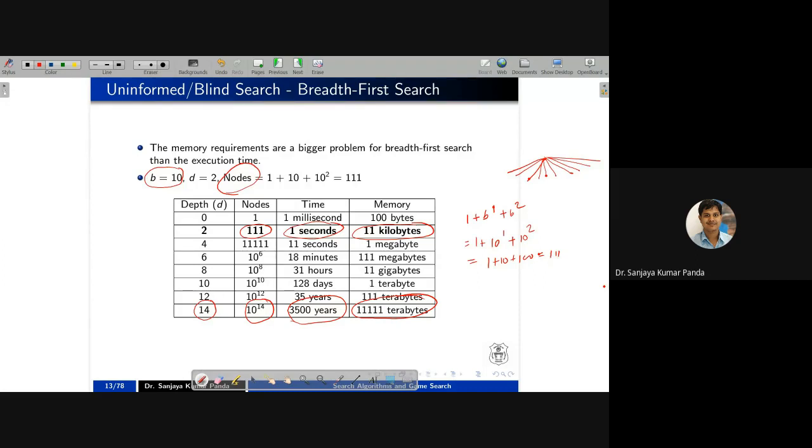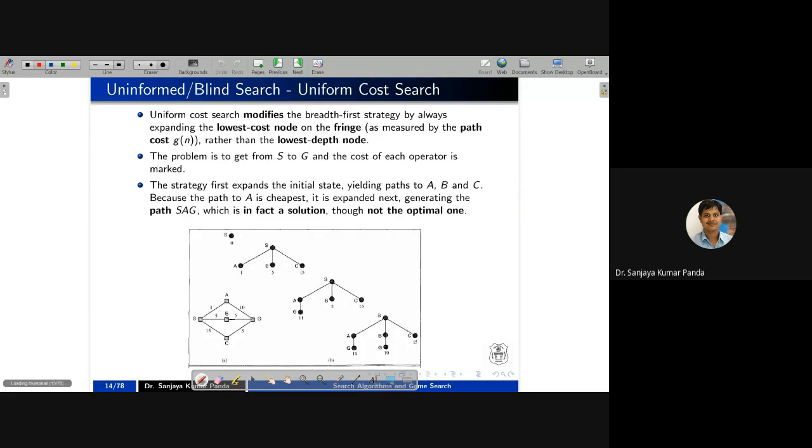Right? So in order to avoid this problem, we have another kind of search called uniform cost search. Uniform cost search is a modification of the previous search strategy, breadth-first search. What breadth-first search is doing is going level by level, right?